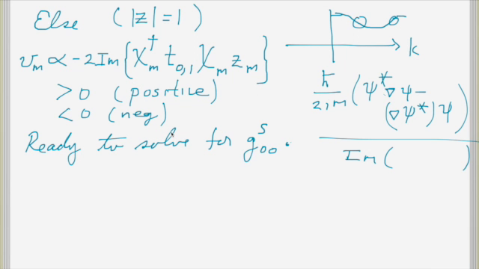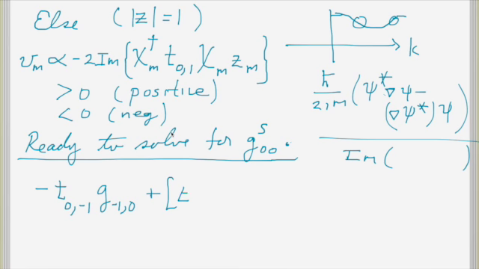Okay, so the equation looks identical to what we wrote down for our simple 1D tight binding chain, except we just turn everything into matrices. So in this example, we've been doing 4 by 4 matrices: negative t, 0, comma, negative 1, g minus 1, comma, 0, plus E times the identity matrix minus D. That would be your diagonal block.